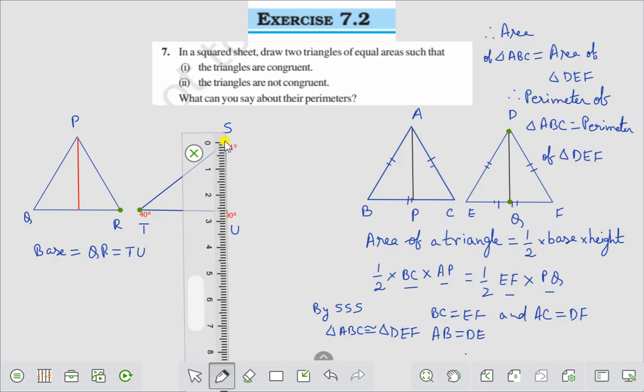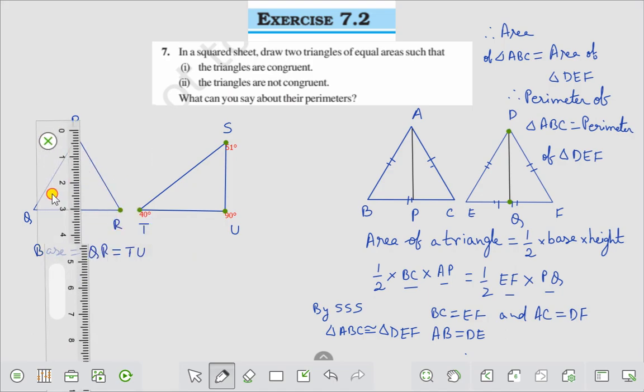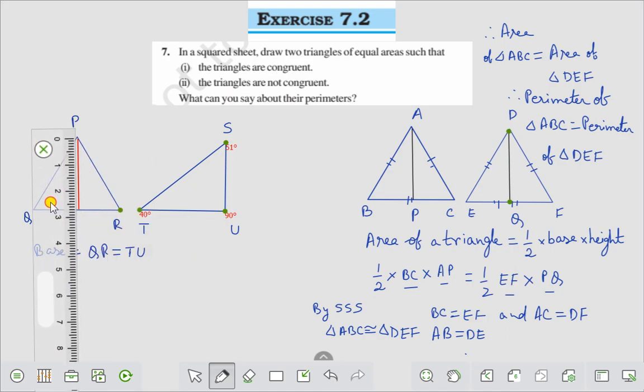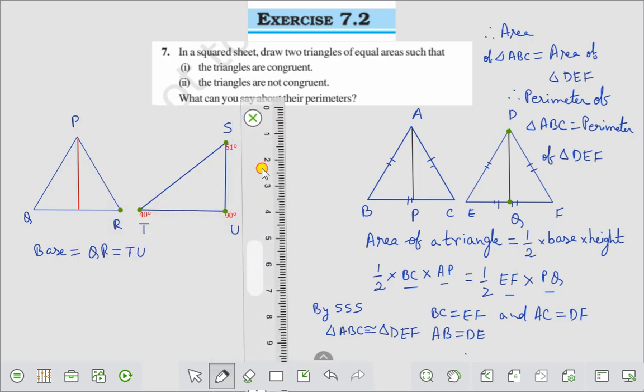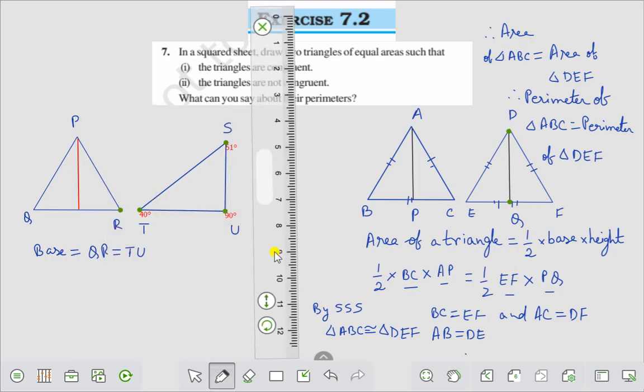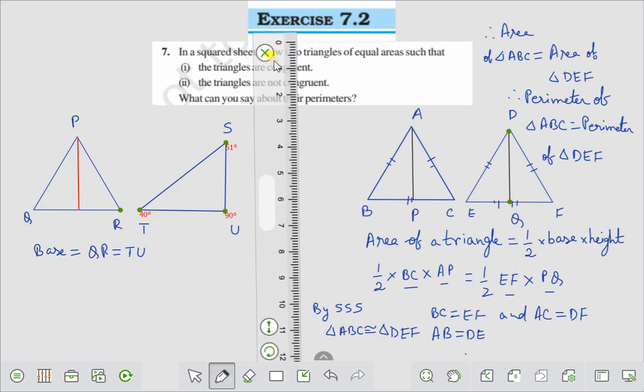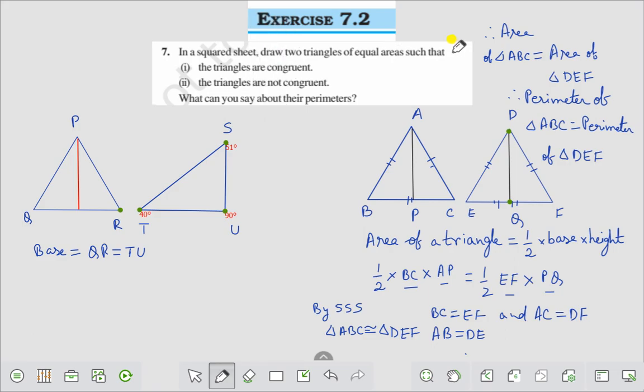Here you see, this height is 2.7 centimeter, and the height of this triangle is also 2.7 centimeter. When the height of both these triangles are same, and you have taken the base as same, now you see what happened. Here you see that PV is equal to SU, and QR is equal to TU.